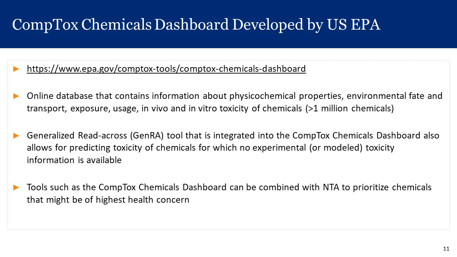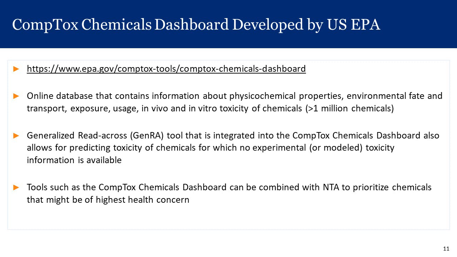And at this point, there are more than 1 million chemicals entered in this database. I already talked about that it also allows for generalized read-across, that this tool allows you to predict the toxicity of chemicals for which no experimental or model toxicity information is available, which is very helpful to just get a sense of whether this is a compound of potential concern or not.